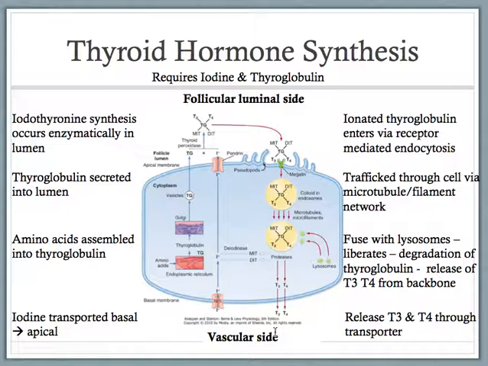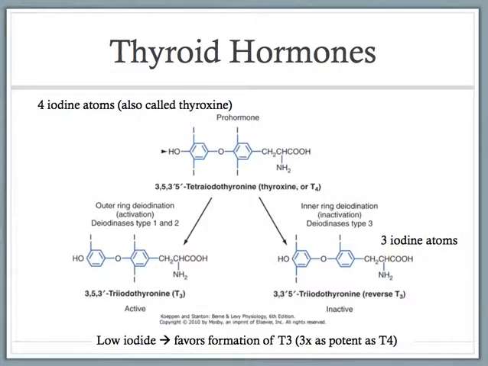So it's a long journey where everything will be trafficked in, stored in the colloid, and then moved out of the colloid and digested when necessary. So hopefully that makes sense. That's the way that process works. We need iodine and we need active cell parts to make the protein structures. And then we need lysosomes to digest it.